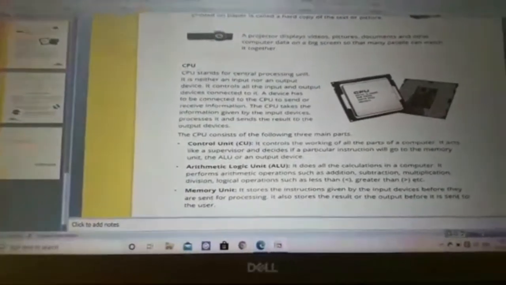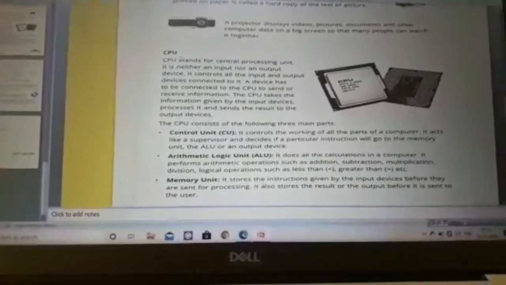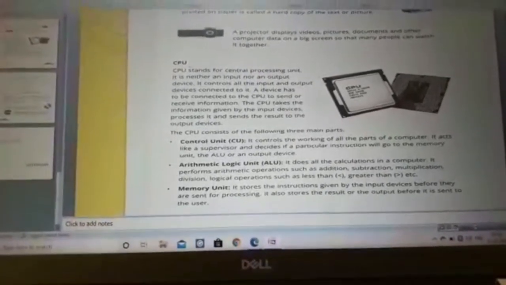देनी, ये सब कंट्रोल यूनिट डिसाइड करता है। The next one is arithmetic logic unit, ALU. It does all the calculations in a computer.